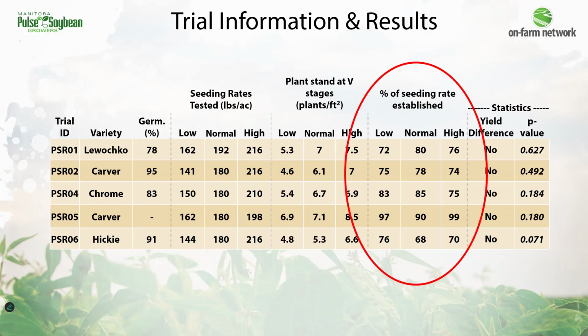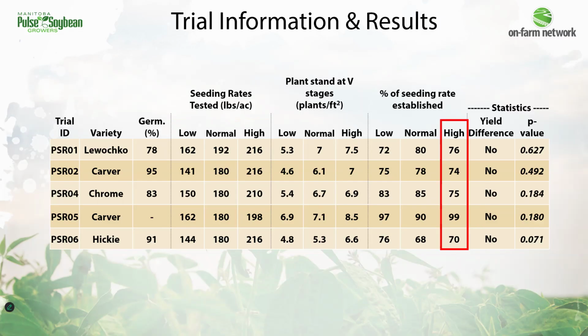And then the percent of seeding rate established, which is based on the vegetative stage plant counts. The one thing I want to highlight here is the percent of seeding rate established, or percent of seeded seeds becoming viable plants, with the different seeding rates of low, normal, and high. There was a trend towards slightly fewer plants surviving with the higher seeding rates compared to the lower seeding rates.